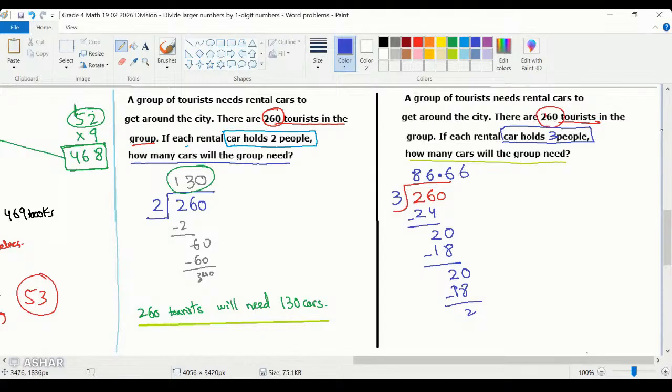So can I write the statement that 260 tourists will need 86.6 cars? Is this statement true? Has anyone of you ever seen 0.6666 cars?